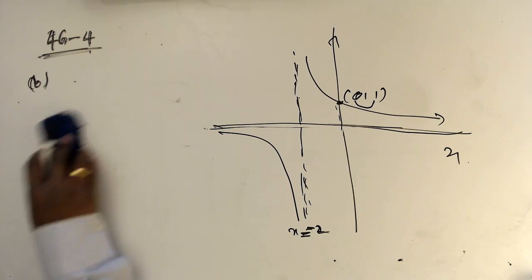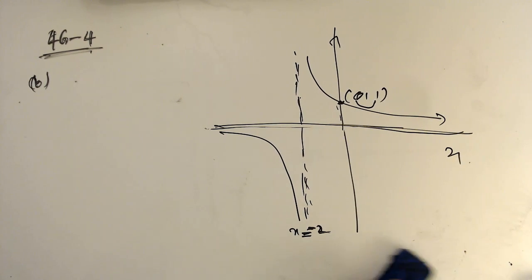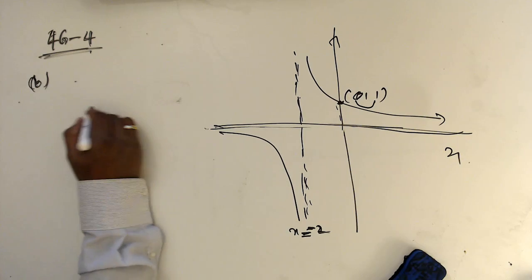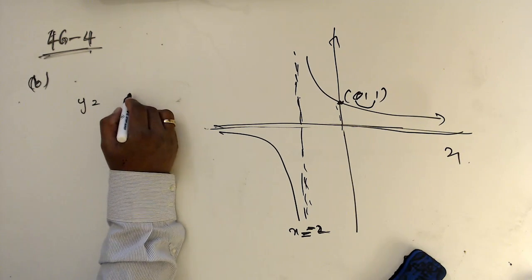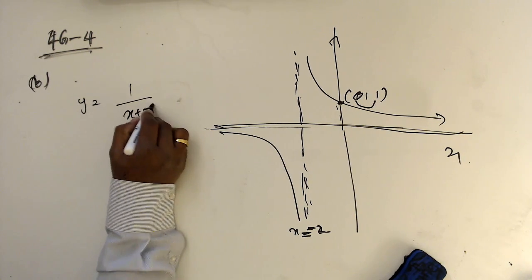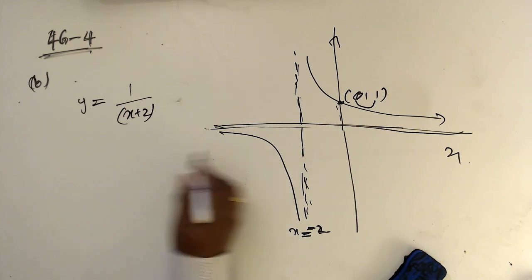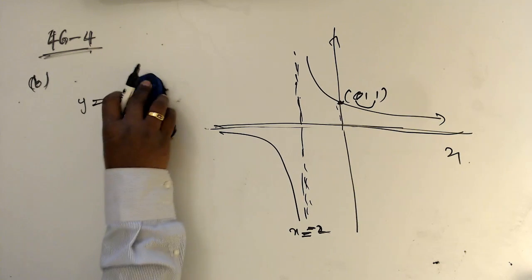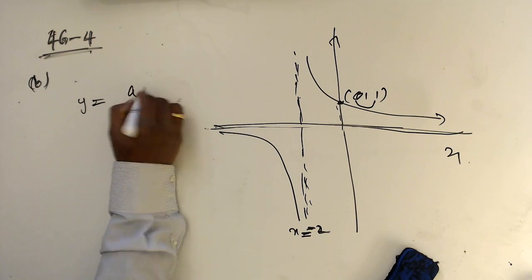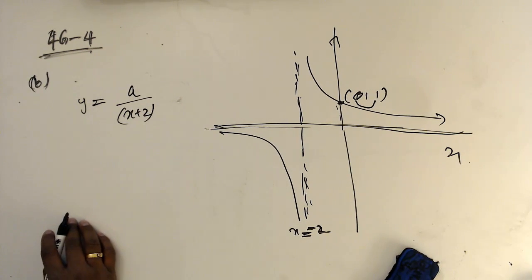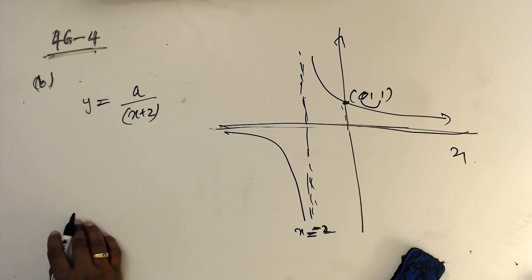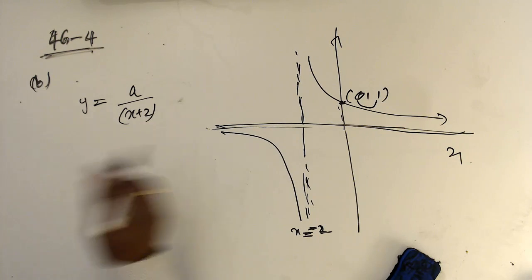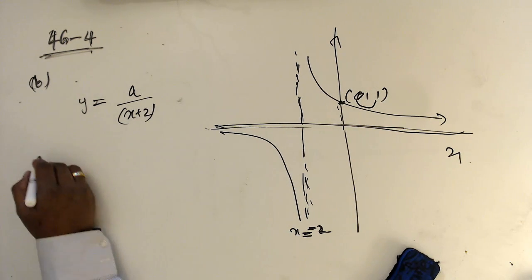We can come at it differently as well. Now we know that y equals 1 over x plus 2. Now I realize that when x equals 0 this doesn't match, so I will take the numerator as a constant, a. Then I will substitute 0, 1.